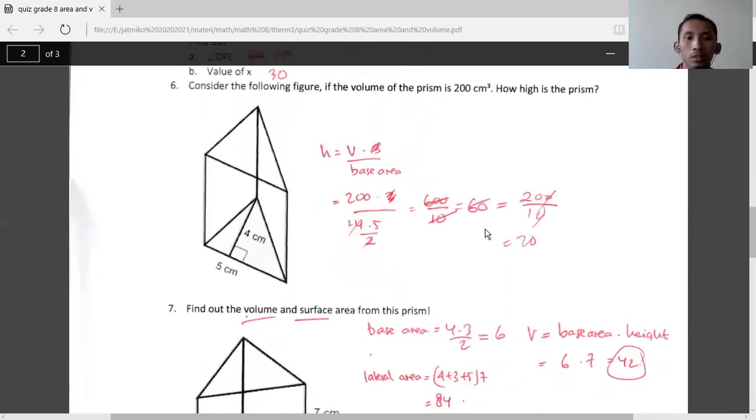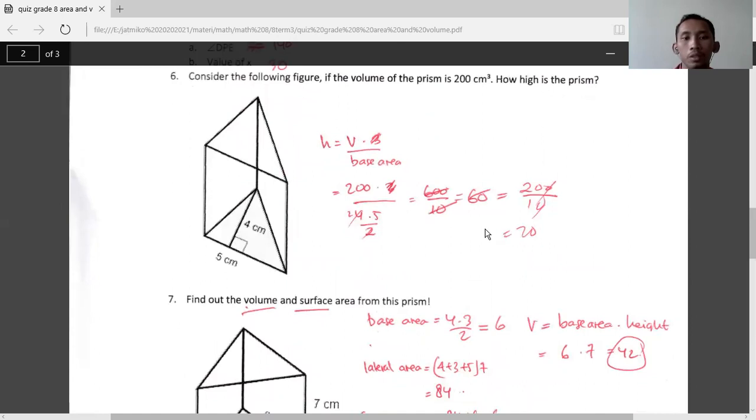Next, number 6. We have a prism here. So how to find the height of the prism? But I found some of you are still confused about which one is the base and which one is the height. So this area is the base, or maybe this area is the base and this area is the top. And which one is the height?